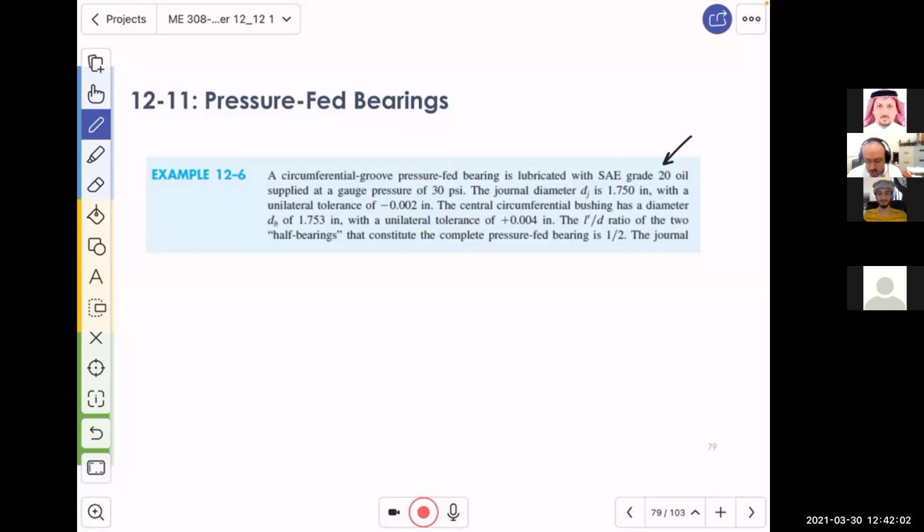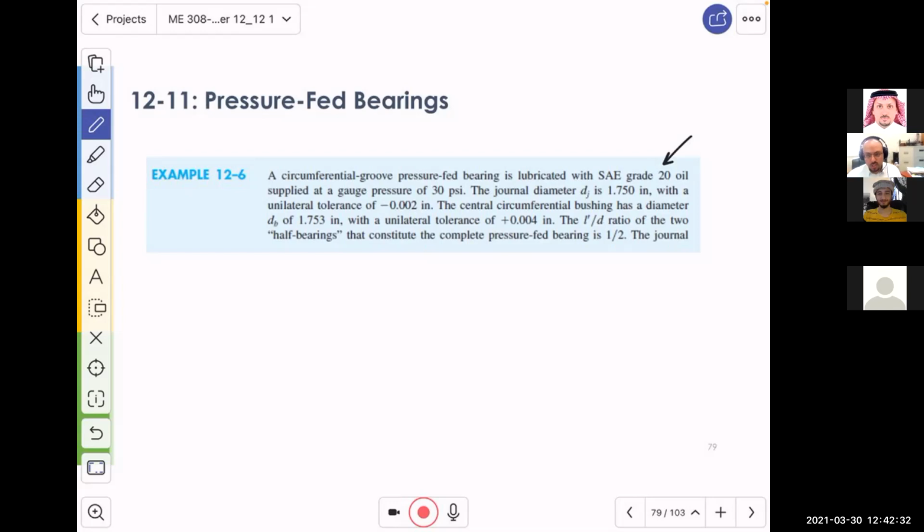The journal diameter is 1.75 inches, okay? And the unilateral tolerance is minus 0.002 inches. The central circumferential bushing has a diameter d_B for the bushing, which is 1.753, and a unilateral clearance of 0.004.